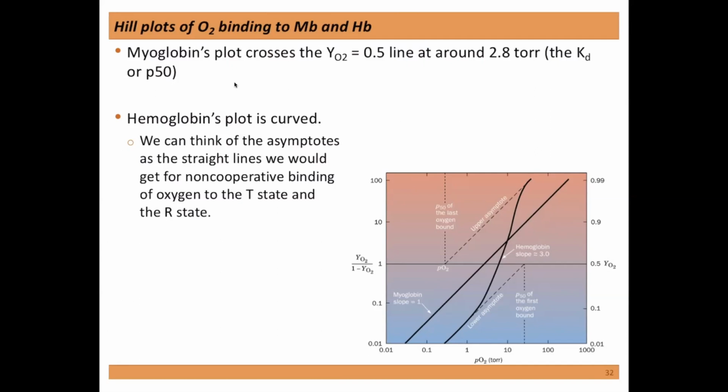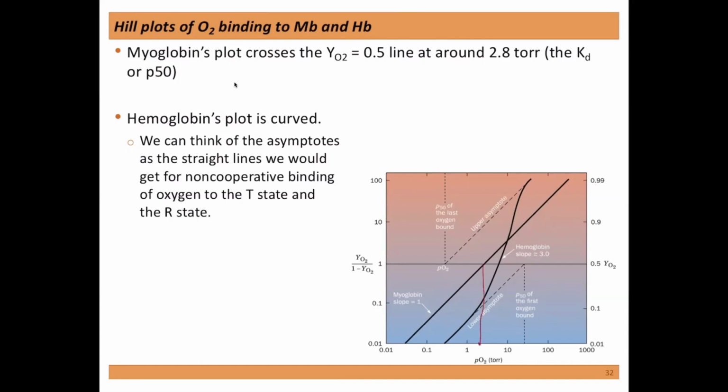Okay, so if we compare myoglobin's Hill plot with hemoglobin's Hill plot, you can see that myoglobin's plot crosses the YO2 line at around 2.8 torr, which we said was a really low concentration.